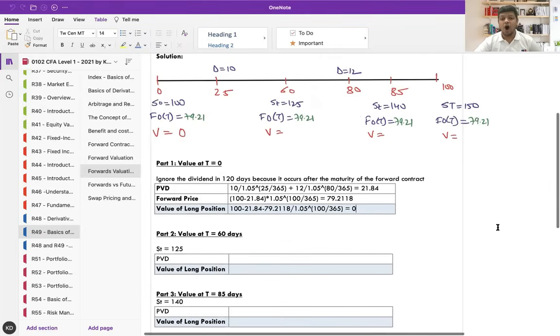So on the 60th day, the spot is 125. But how many dividends are you left with now? 1. One dividend, that is how much? 12. Just check out. You are on the 60th day. Yes. You have only one dividend. So I will do 1.05. And how much should I bring it back? See, you are at 60. How many days should you bring it back?